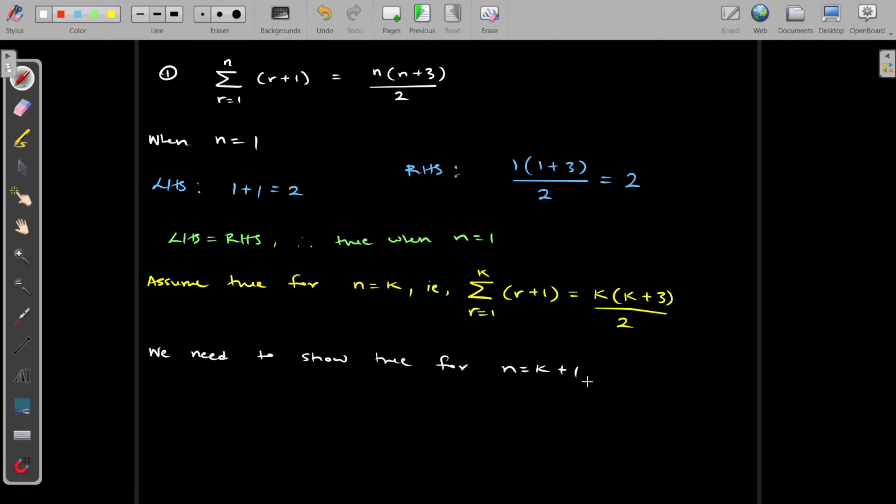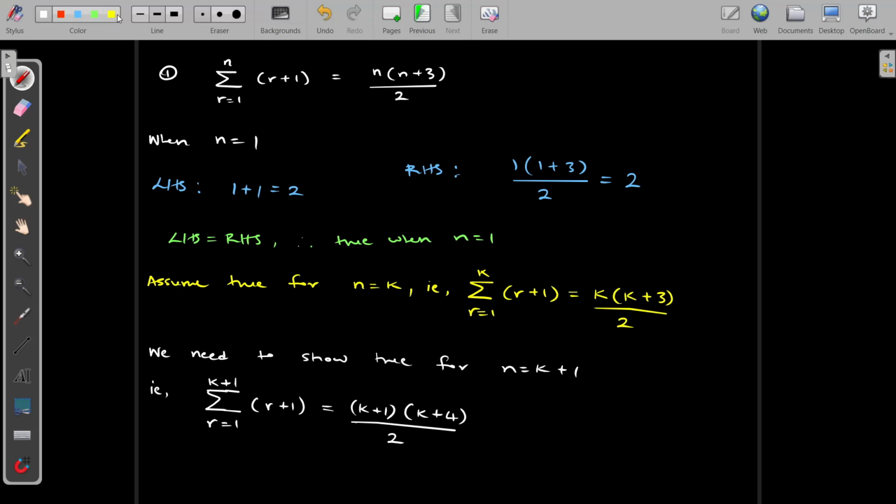So when n is equal to k plus 1, we're going to have the sum up to k plus 1 of r plus 1 is equal to k plus 1 times k plus 4 over 2. So this is what we actually need to prove.